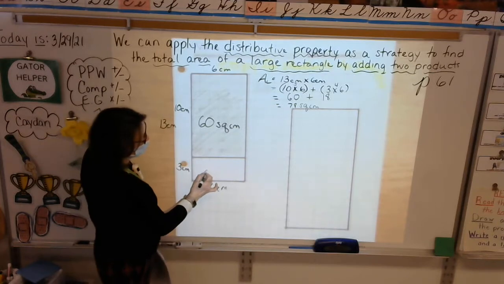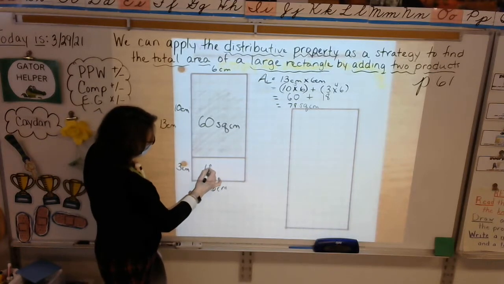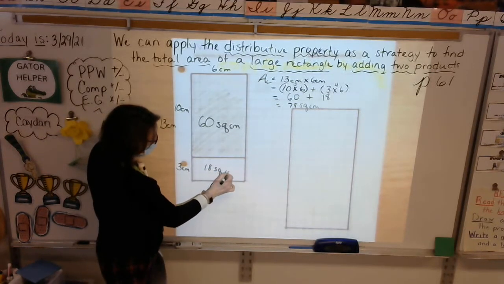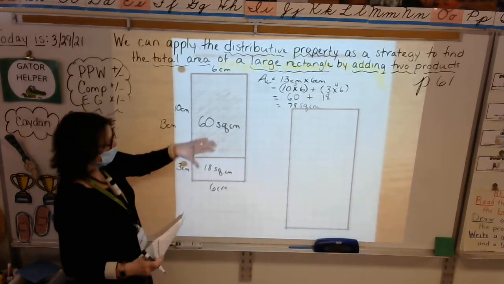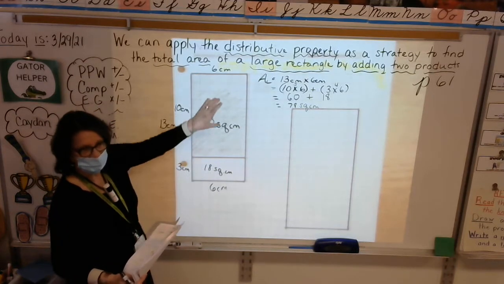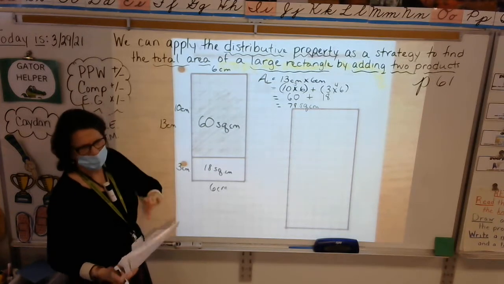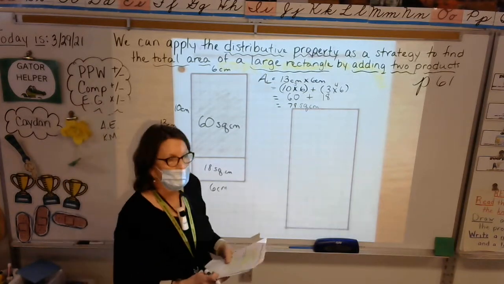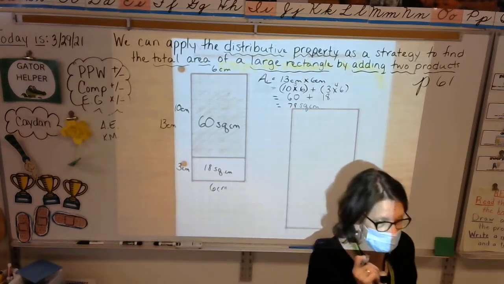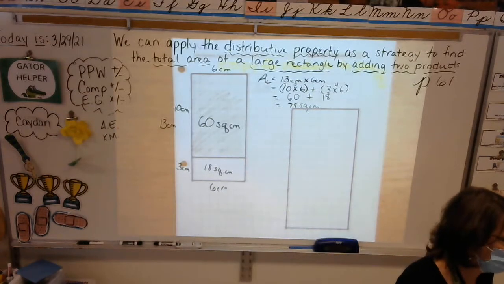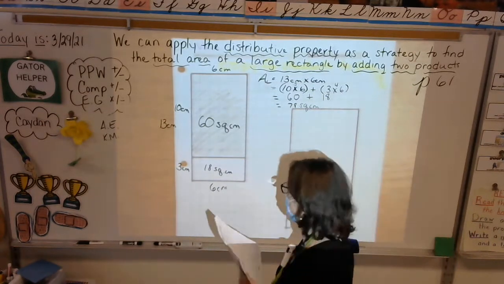And then down here we will put 18 square centimeters in this part. What did we do? We added 60 plus 18 together. Okay. We have another example there. Go ahead and label the side lengths of that one large rectangle.